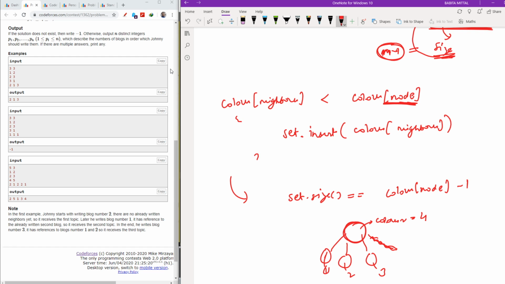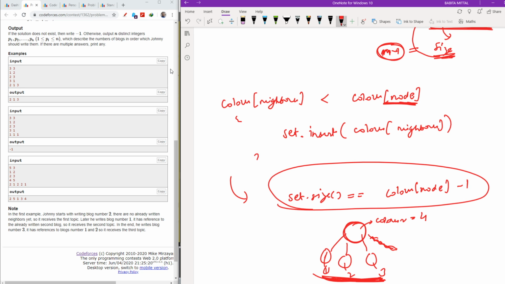So the number of elements in the set would be 3, which is 4 minus 1. So I do it like this, and if it is not equal, then I will mark my flag as something so that I will break here, and if my flag is 1, then I will print -1.